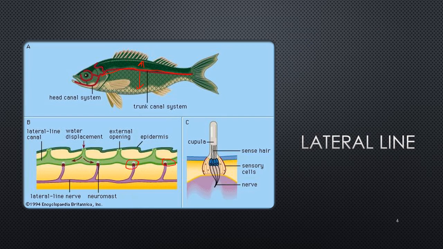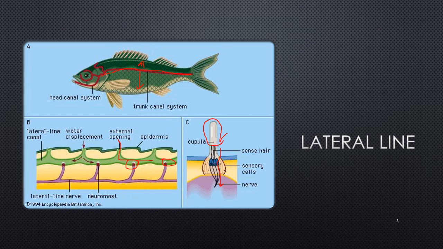And so here is the opening to the water, and the water actually comes through this lateral line. And as it comes through, it crosses over these neuromasts. And the neuromasts have a part that goes into the lateral line called the cupula that has sensory hairs in it. And those sensory hairs are connected to sensory cells that are then connected to nerve tissue.